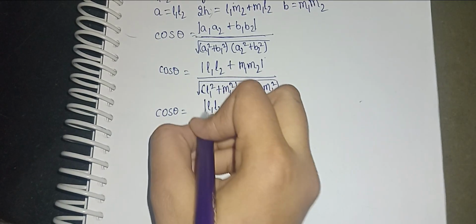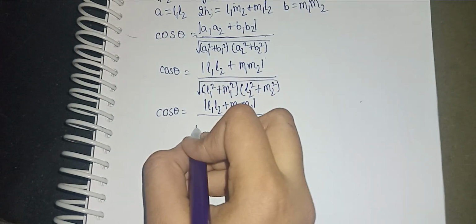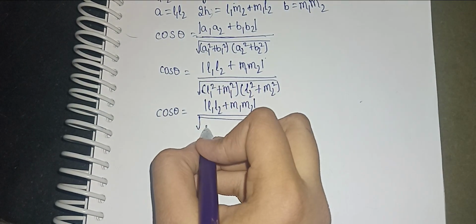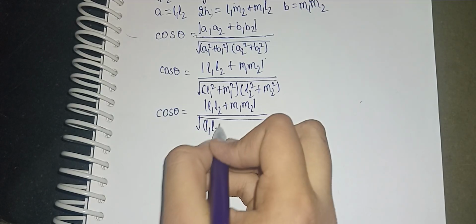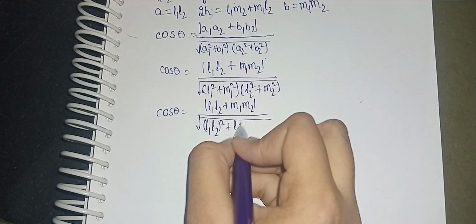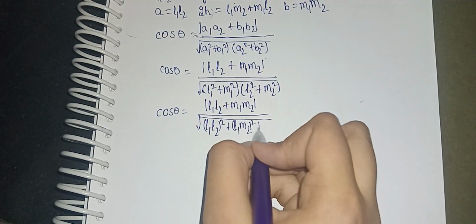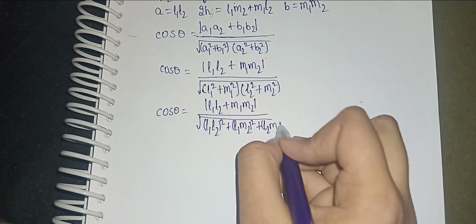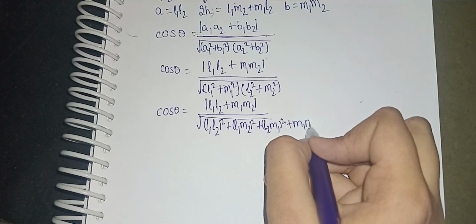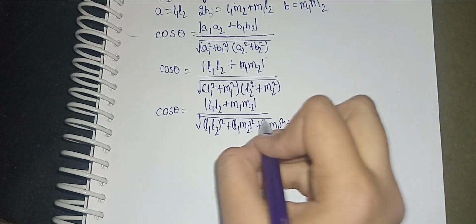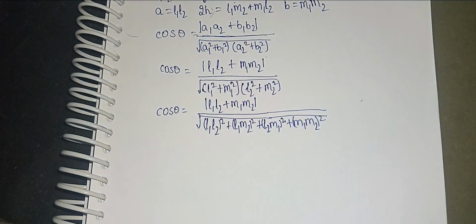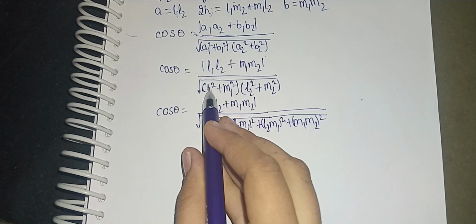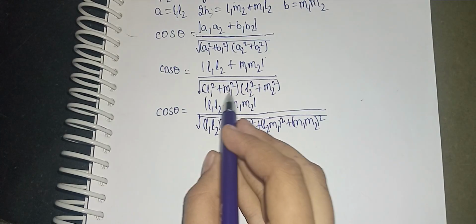Check it with my answer whether your answer is correct or not: L1 L2 whole square plus L1 M2 whole square plus L2 M1 whole square plus M1 M2 whole square. You got the same answer? If you didn't get it, pause the video and multiply again: first one into first one, first into second, second into first, second into second.